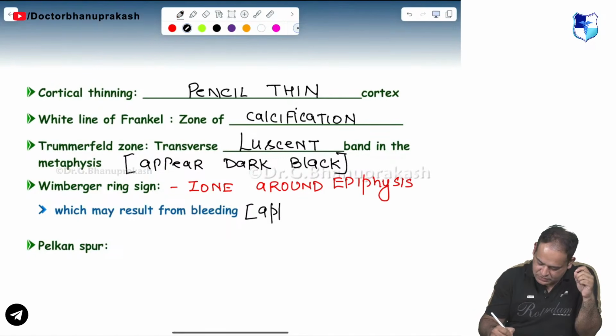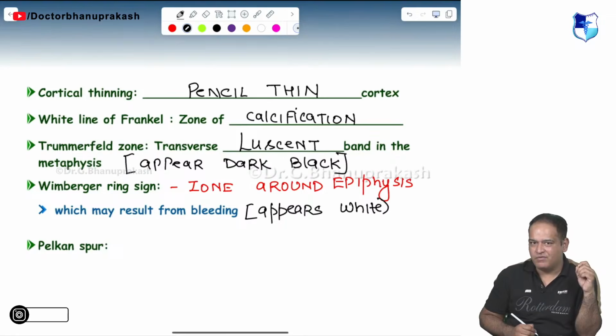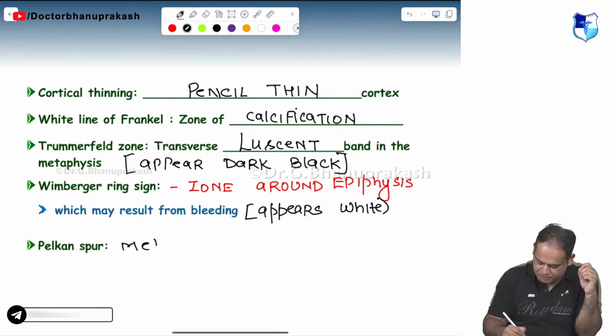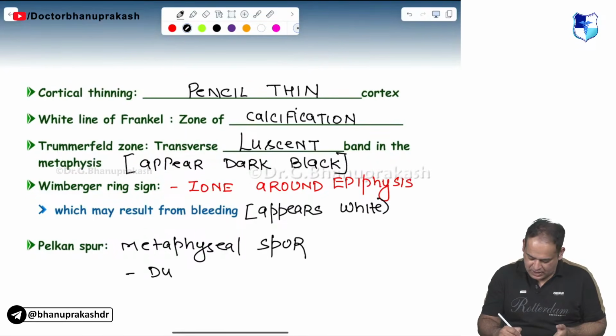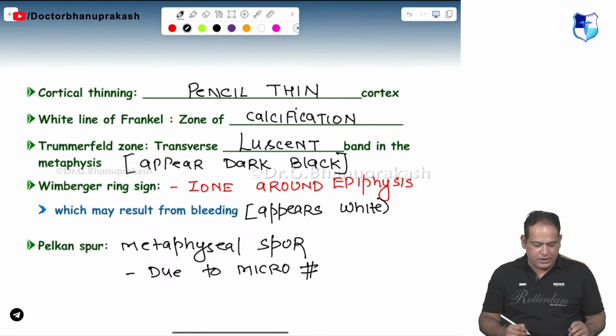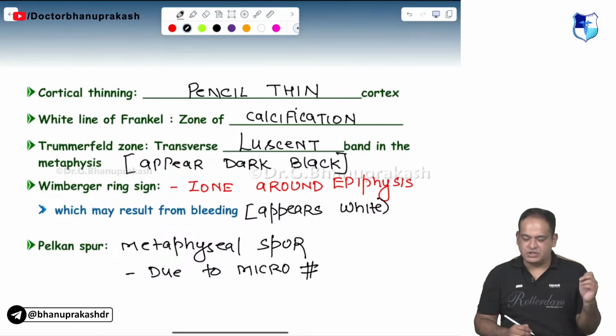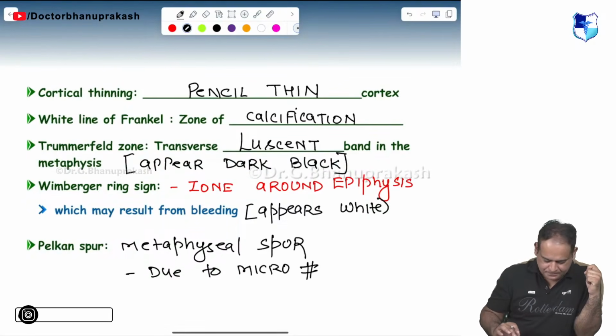Now, this appears white. Pelkan spur is metaphyseal spur. This occurs due to micro fractures. Right? Let's move forward.